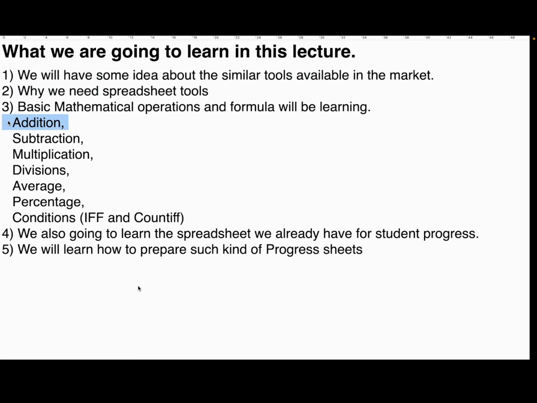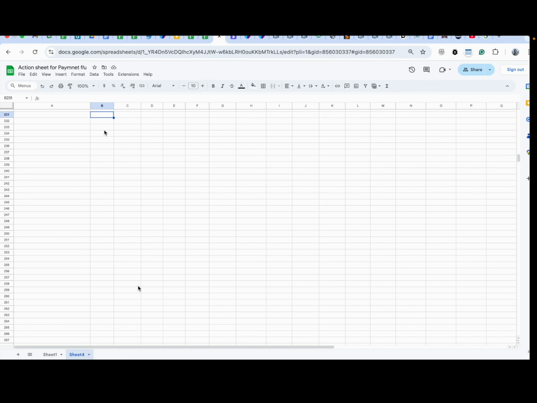First, we will do some addition. Suppose we want to add: this is mangoes, apples, bananas, and we have 4 mangoes, 5 apples, and 2 bananas.